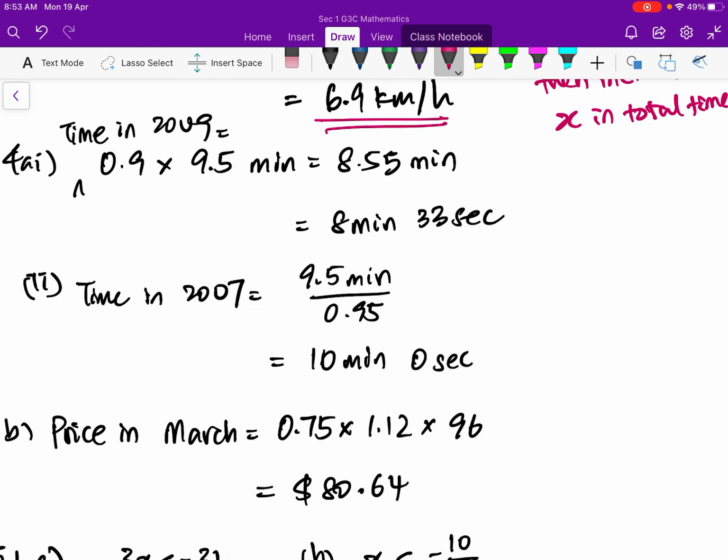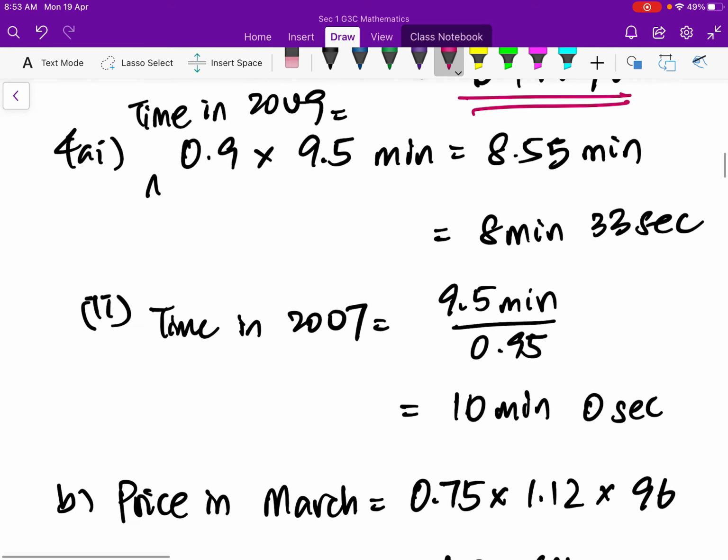Now there's a change. Compare part 1 and part 2. 2008 time, 100%. 2008 time, 95%. It is the same time, but depending on how you phrase it, depending on what you are comparing with, the percentage representation will change. That is why in part 2, our answer is as such.